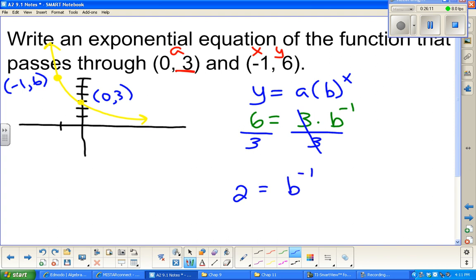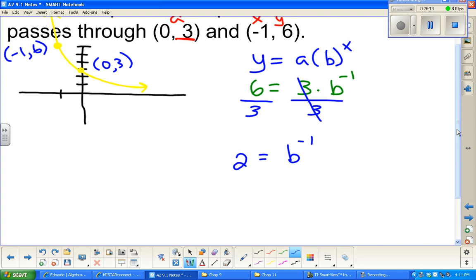What is b to the negative first power? There are a couple of ways to do this. One way is to think about what power you could raise this to so that the product of the exponents equals 1. Wouldn't it work if I raised both sides to the negative first power?